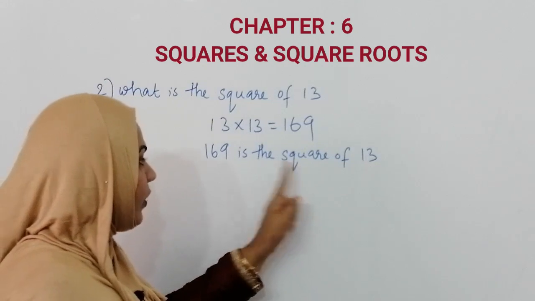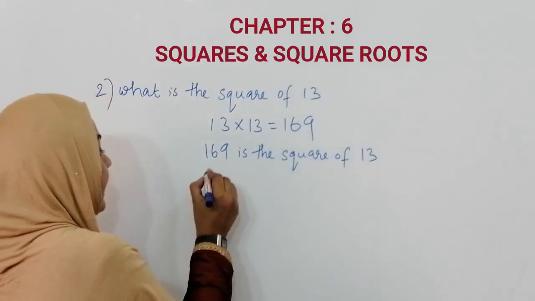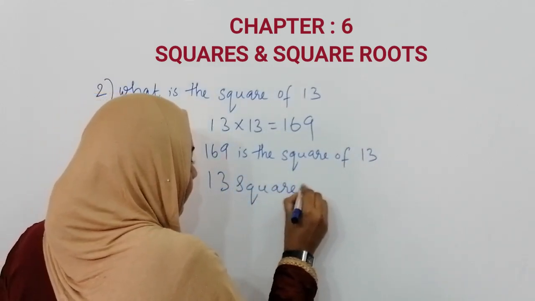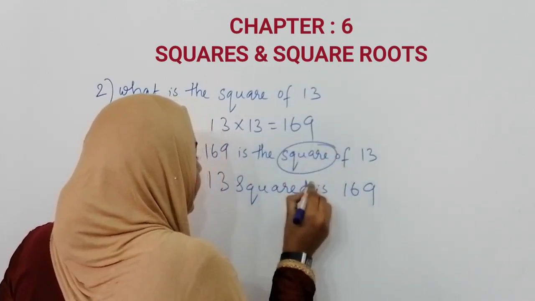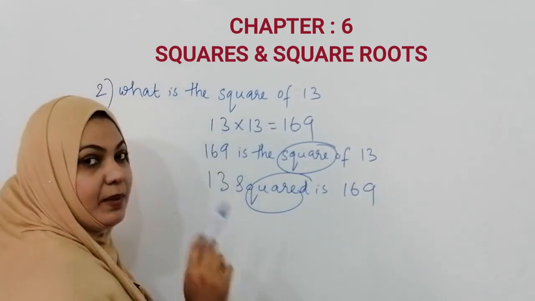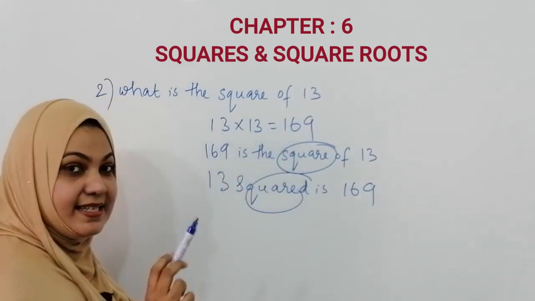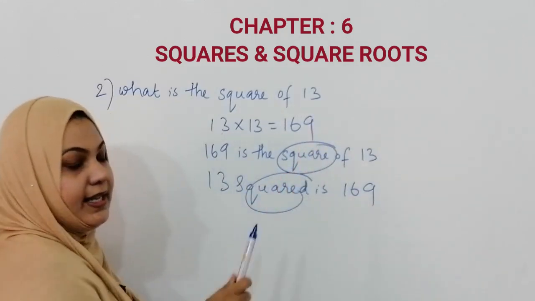Don't get confused, this is square. 169 is the square of 13. But 13 squared is 169. So you can see the difference here. When you multiply 13 by itself, you get the answer 169. So 169 is the square of 13.